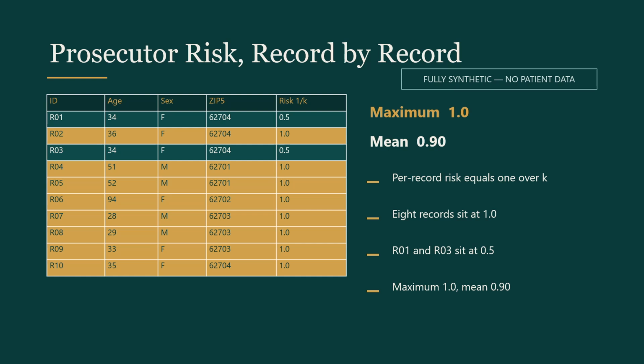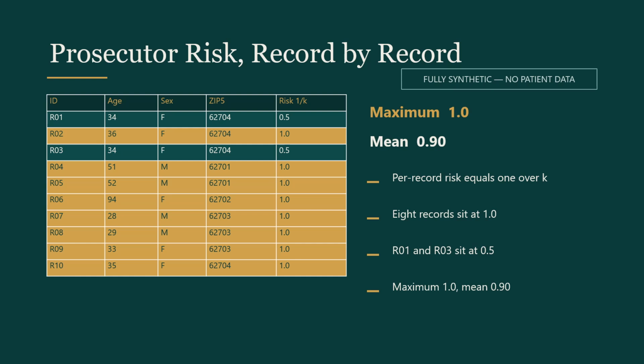R03, the partner of R01, 0.5. R04, 51, male, 62701, alone, 1.0. R05, 52, male, 62701, alone, 1.0.